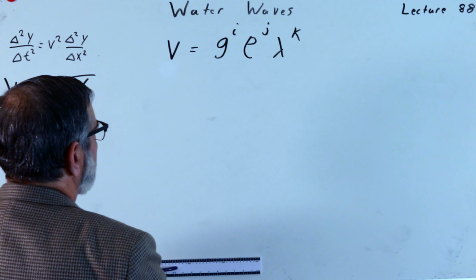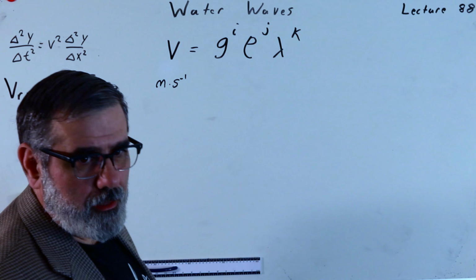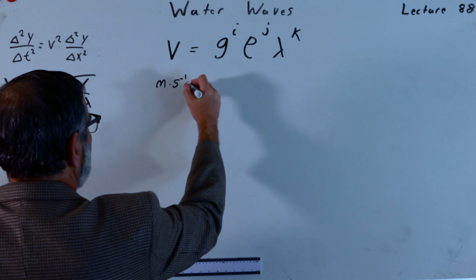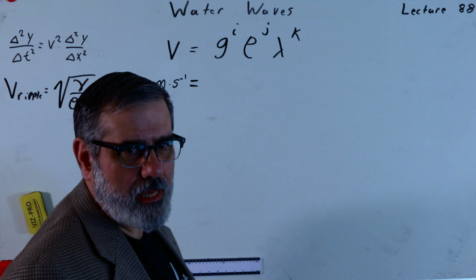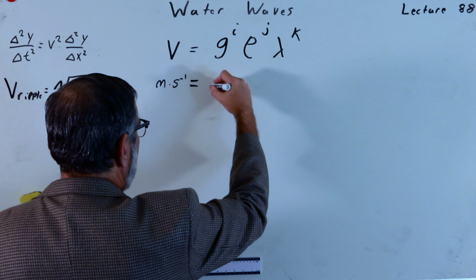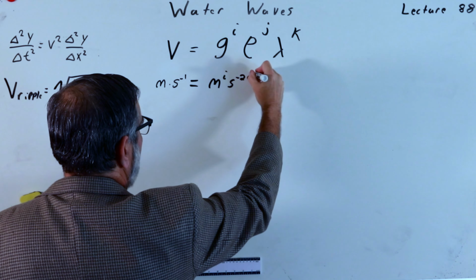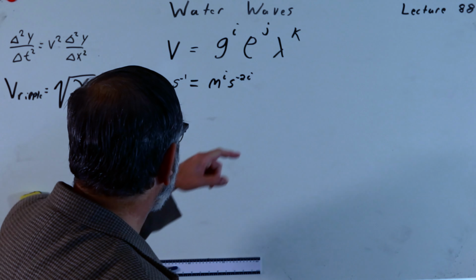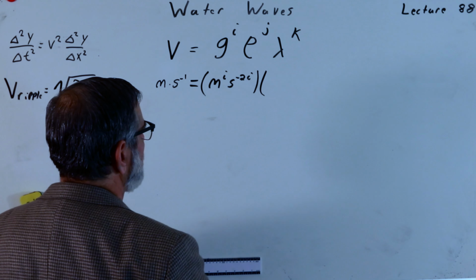And we're going to do exactly the same thing we did before. So we'll say meters times seconds to the minus 1, this time, mea culpa, is equal to gravity. We'll have units of meters per second squared. So I'm just going to jump ahead here. This is going to be meters to the I, seconds to the minus 2I. Rho is, again, the density still.